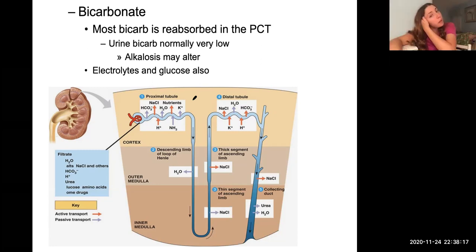All right, so we looked at this. Most bicarb is reabsorbed in the proximal convoluted tubule, and normal urine bicarb is usually very low.